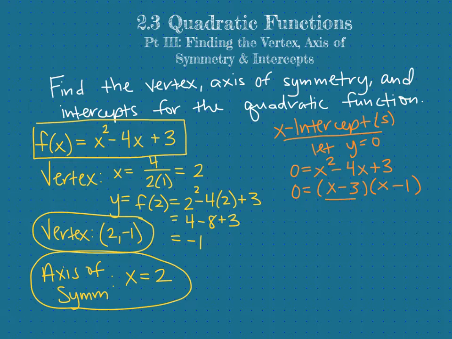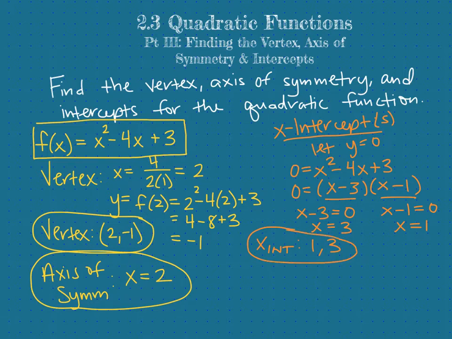Then we have to set each factor equal to 0 and solve. So we'll say x minus 3 equals 0 and x minus 1 equals 0, and that gives us 3 and 1 as our x-intercepts. So our x-intercepts are 1 and 3. Lastly, we'll find the y-intercept.